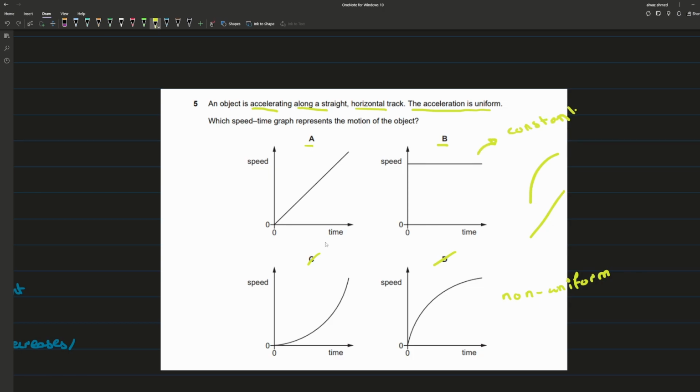So if the speed isn't changing, how can we say that the object is accelerating or decelerating? Because acceleration literally means the change in velocity per unit time. So if the speed or velocity is not changing, the object is not accelerating, which tells us that B is not a correct option, and we can see that A is the correct option because it's a straight line, and the speed is increasing continuously.